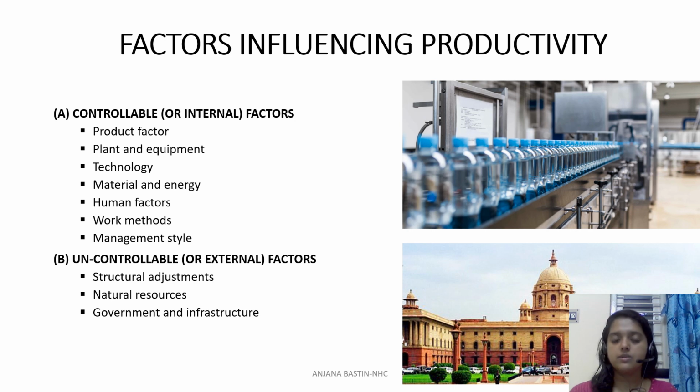All right. Now, what are the controllable factors which fall under the purview of the manufacturing firm? First is product factor. We have an analysis which we normally do for products. It's called cost benefit analysis.